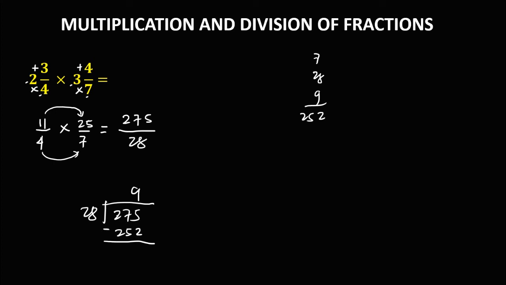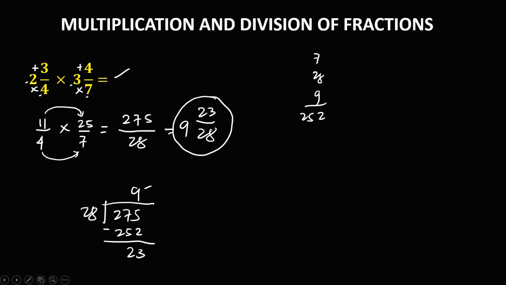Then subtract, so 275 minus 252, this one is 23. So therefore, this 275 over 28 is equal to 9 and 23 over 28. So this one is the product of these fractions.